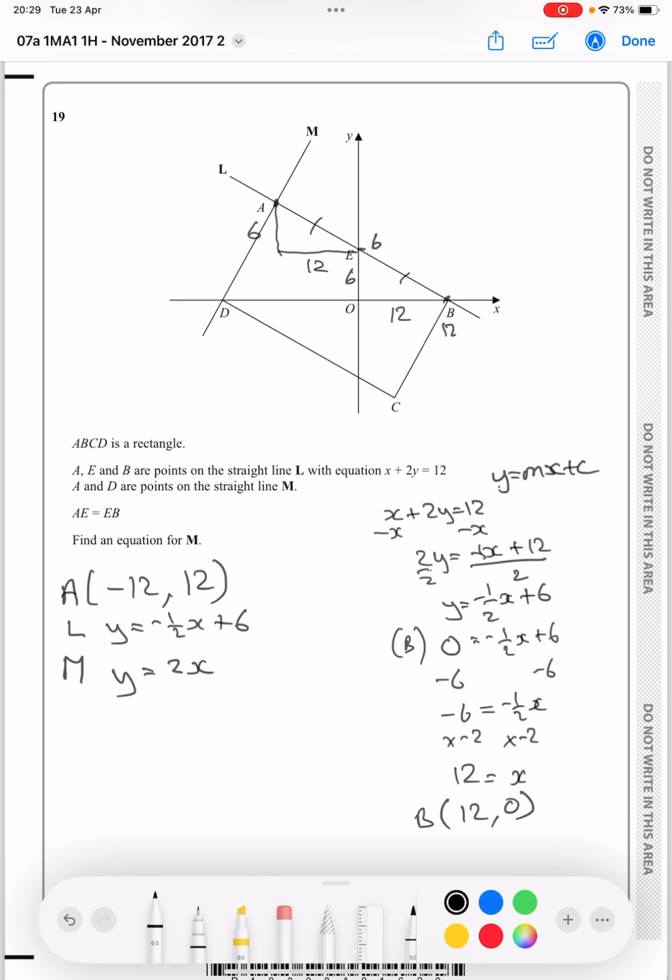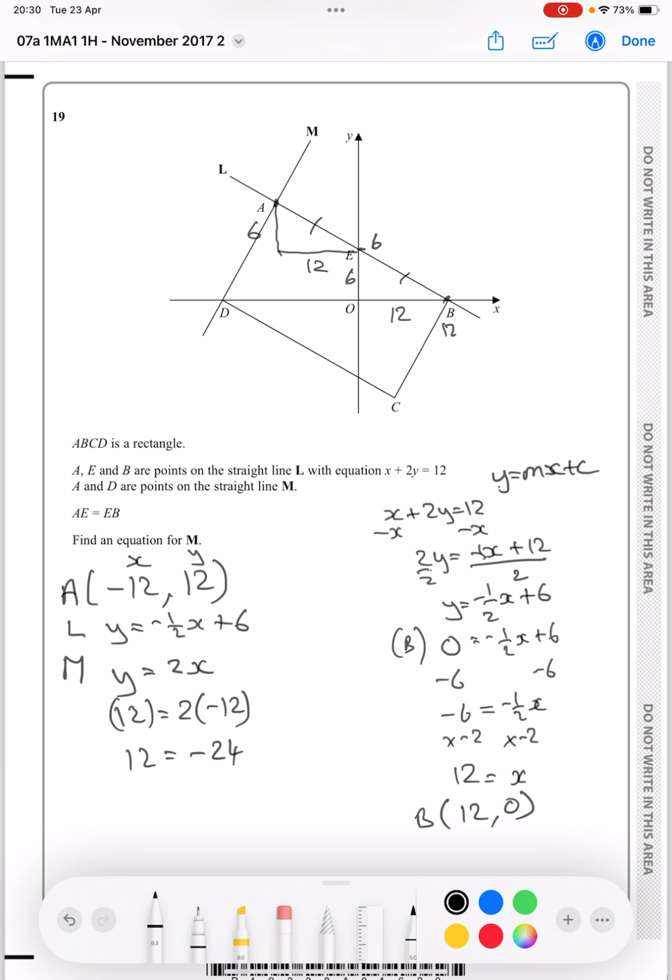So I've got y equals 2x plus something. Some people put plus c. I've been tending to leave that little bit, and now I'm going to sub in from A. I know that x is negative 12, and I know that y is 12. So what I've got is 12 equals 2 lots of negative 12, which is 12 equals minus 24.